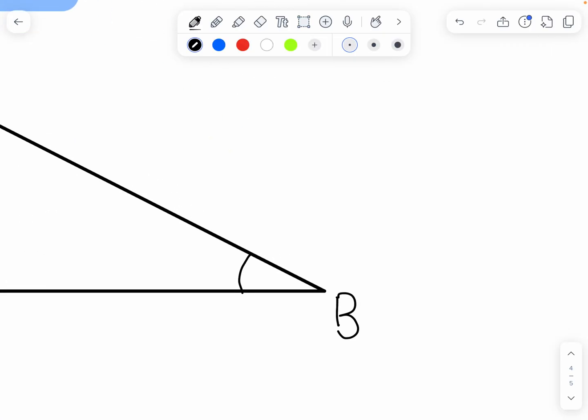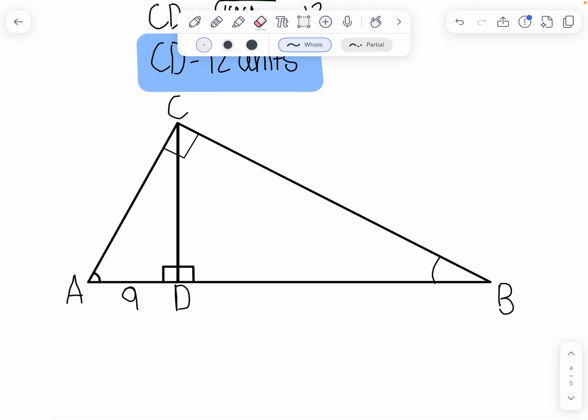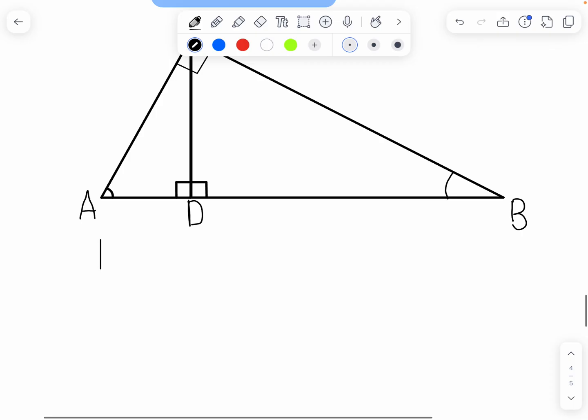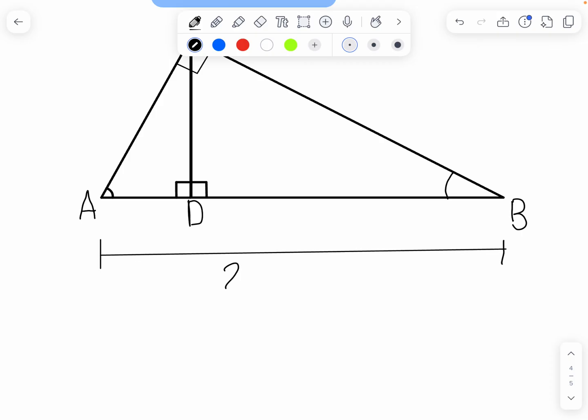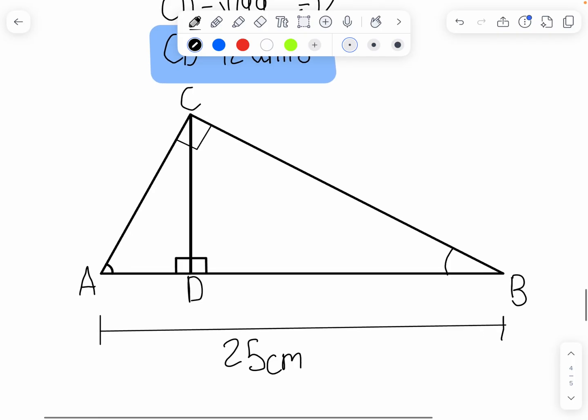Okay, for the second question, it asks, in a right triangle ABC, where angle C equals 90, the altitude CD is drawn to hypotenuse AB. If AB is equal to, so this entire section is equal to 25 centimeters, and AD is equal to 9, then what is the length of AC?